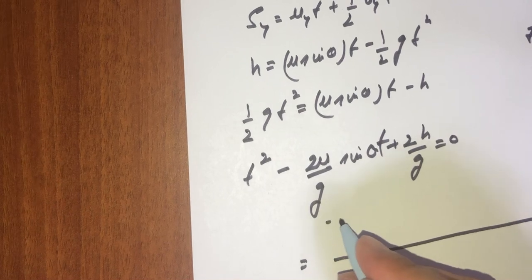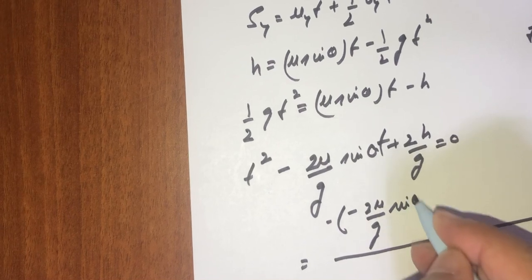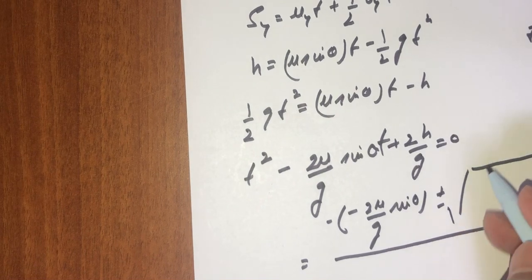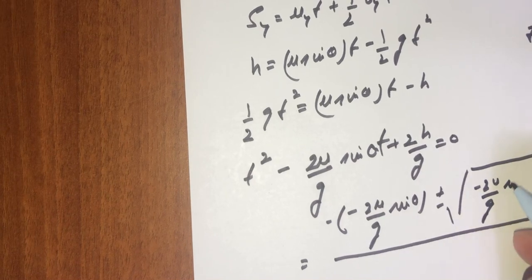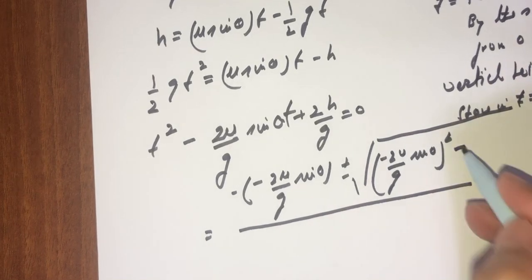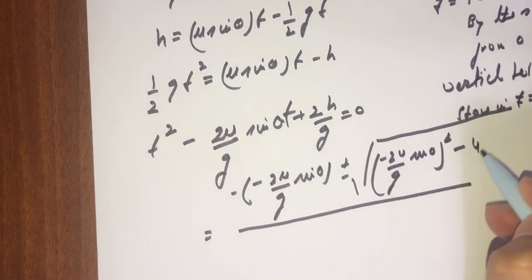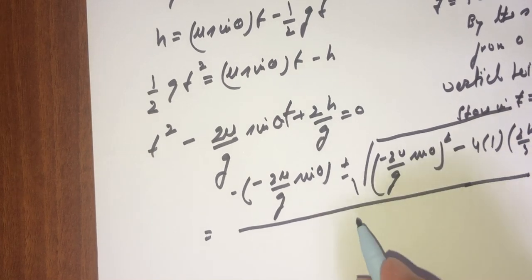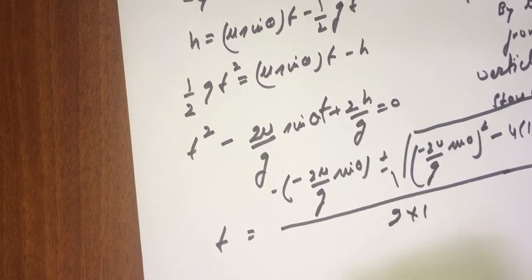So this will be 2u sin theta divided by g, plus minus the square root of (2u sin theta divided by g) whole square minus 4 into 1 into 2h divided by g, all divided by 2.